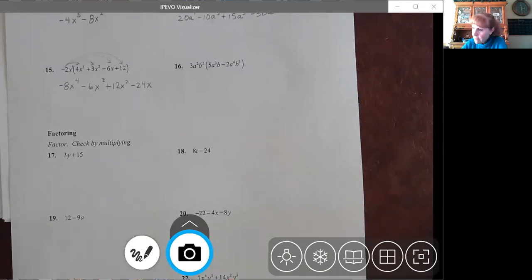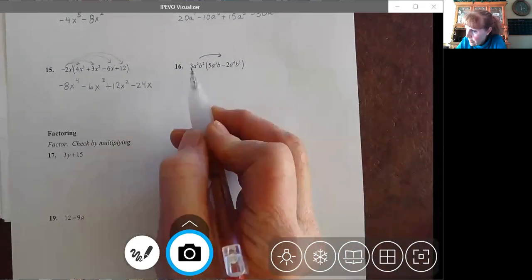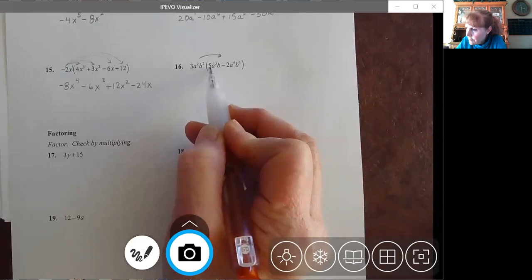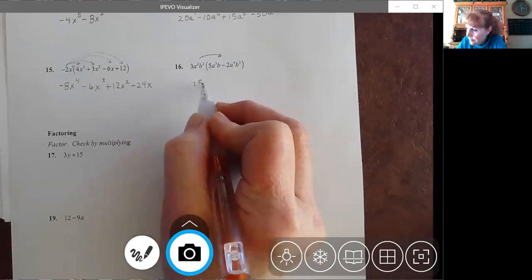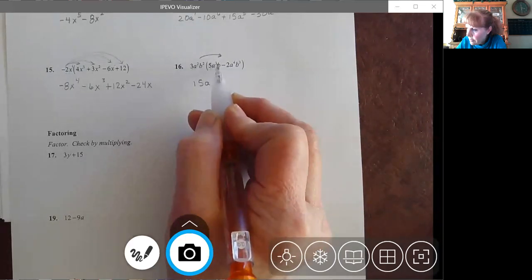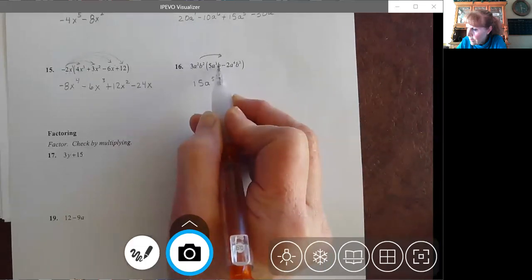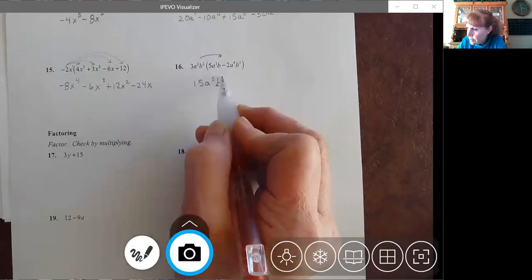One more. This times both inside. 3 times 5 is 15. a to the 5th. b to the 2 plus 1 is 3.